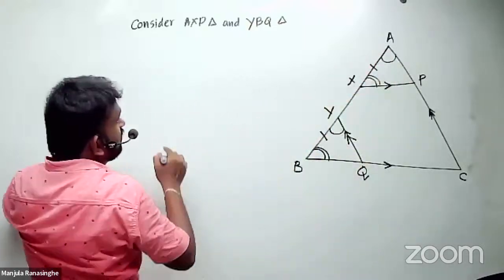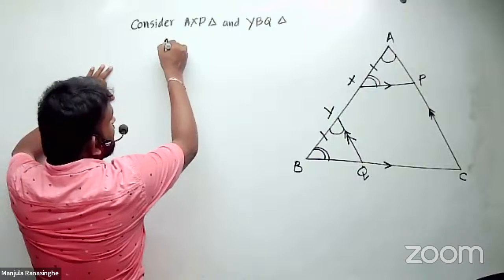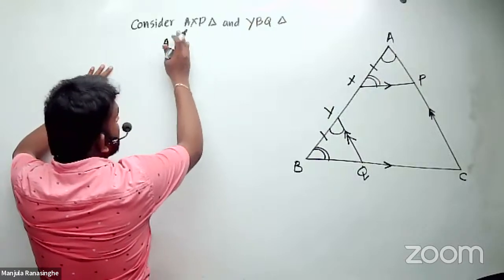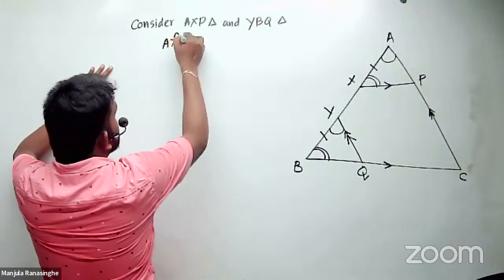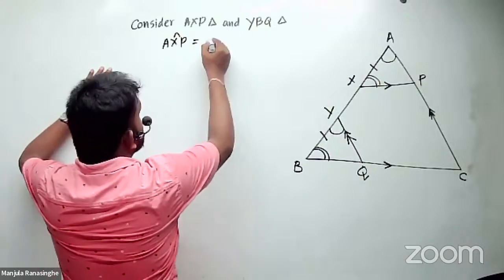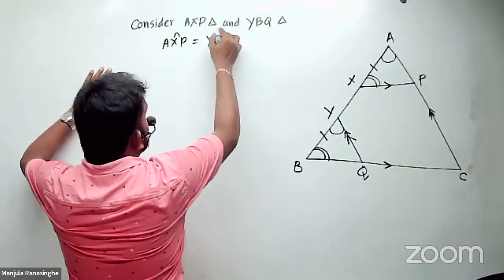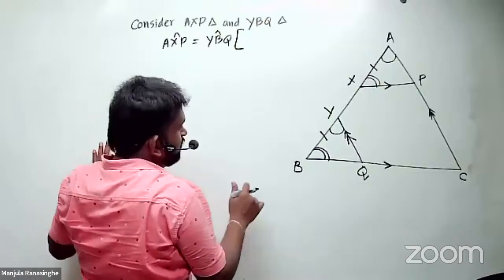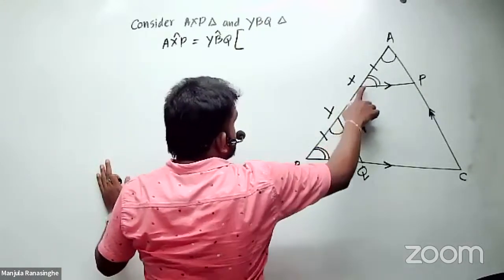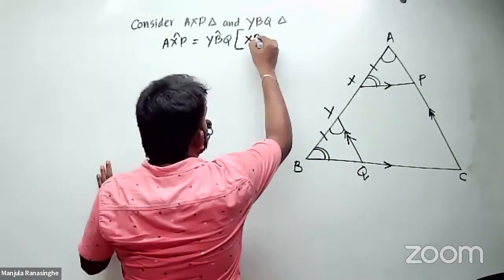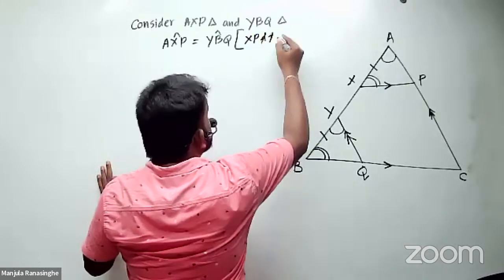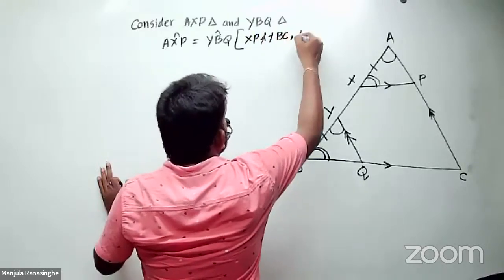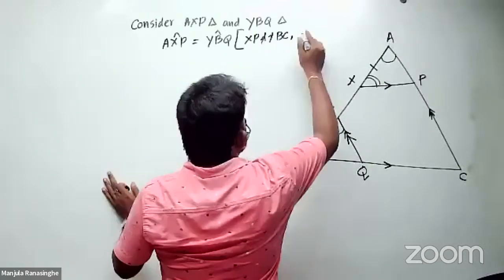So I write now: angle AXP equals angle YBQ. What is the reason? These two, XP parallel to BC, therefore corresponding angles.